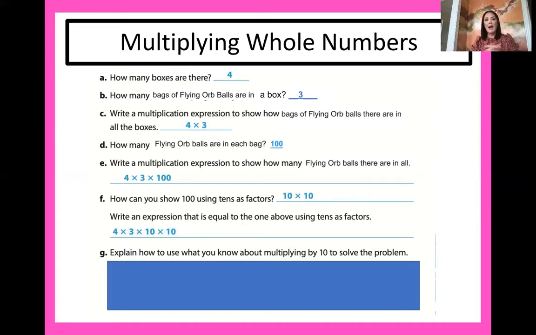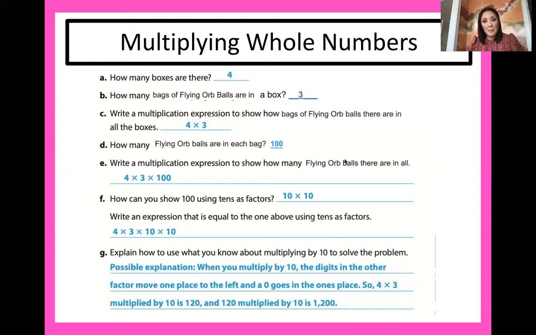All right, guys, that is a step-by-step process that we just went through to break down all this information that's in this math problem. So now I'm asking, explain how to use what you know about multiplying by 10, which you've done, to solve the problem.